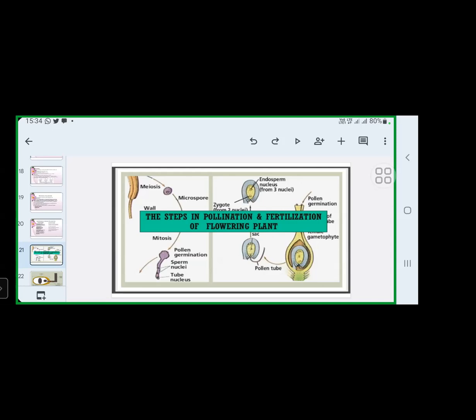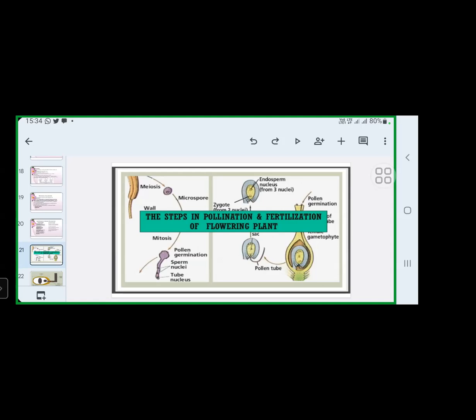The pistil is the female constituent of the flower. It consists of 3 parts, namely stigma, style and ovary. First we will discuss the complete angiospermic flower. In that, the pistil is the female part of the flower, consisting of stigma, style and ovary.